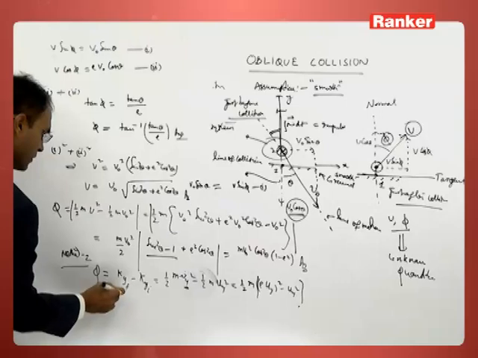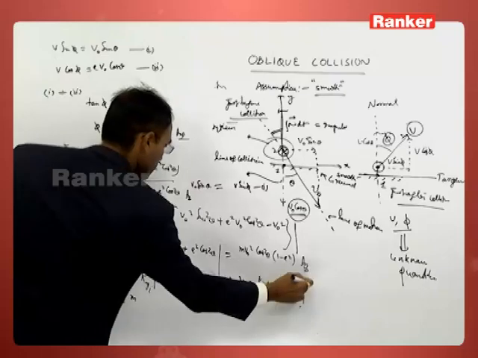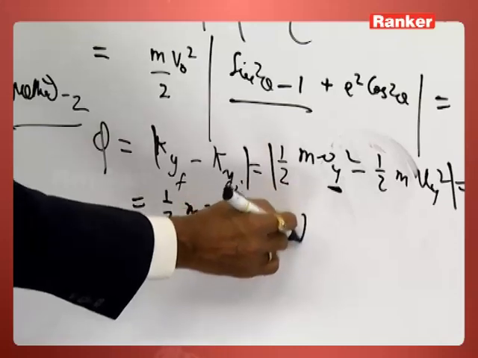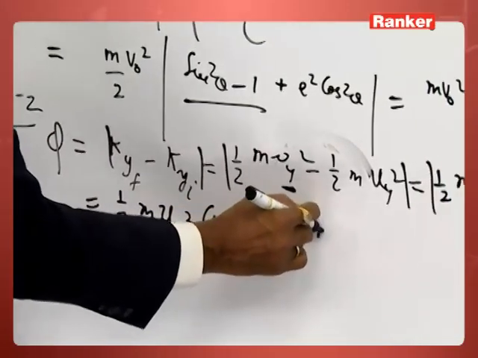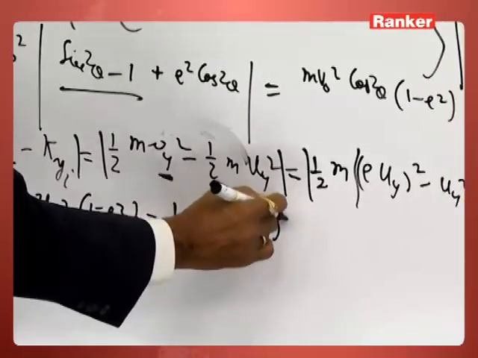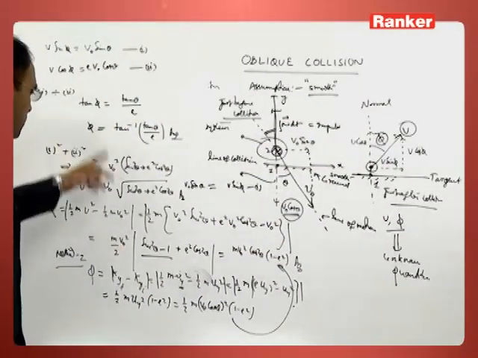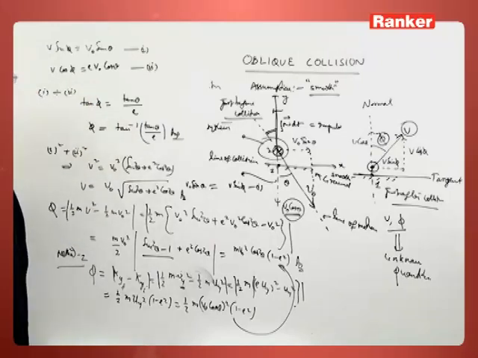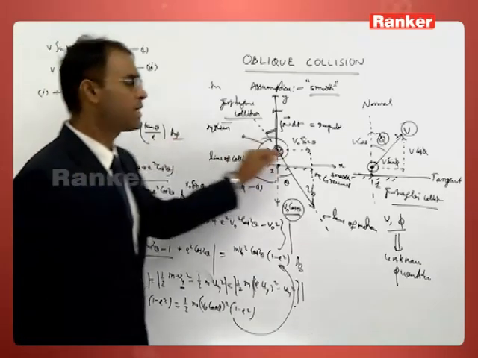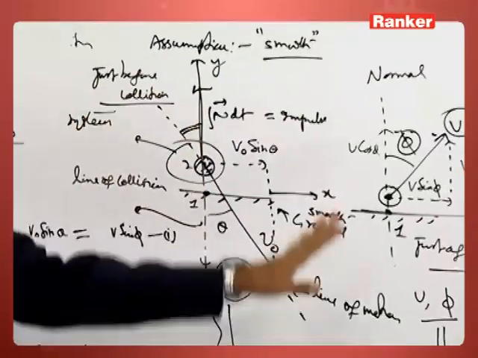This gives us half m, take the mod of m Uy square 1 minus e square, and Uy equal to v naught cos theta, square of this 1 minus e square, and this is the answer you obtained previously by using the basic principles. Using the concept also you can get the same answer, that along the x direction the kinetic energy of the object remains conserved.